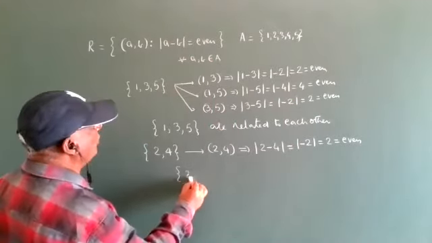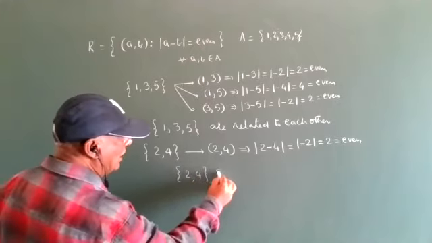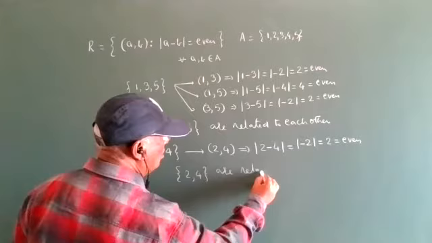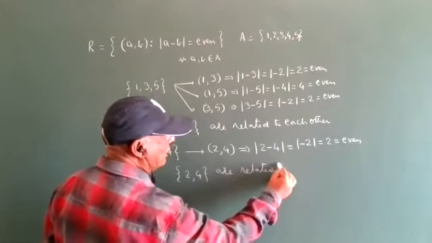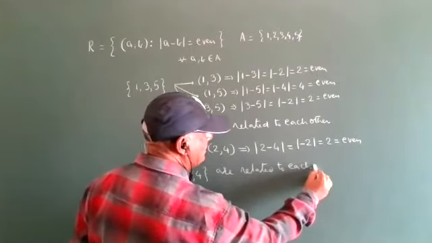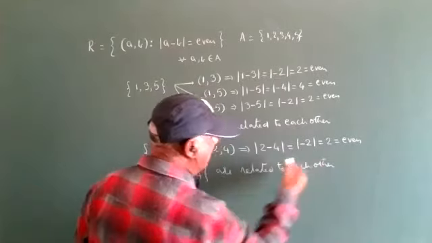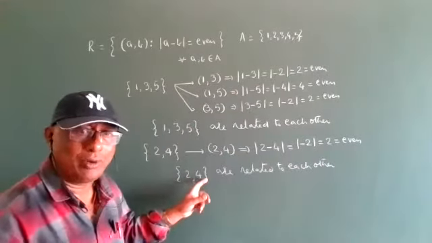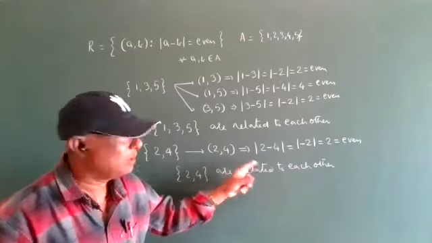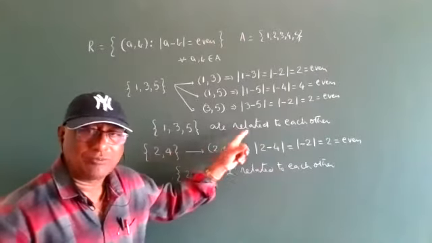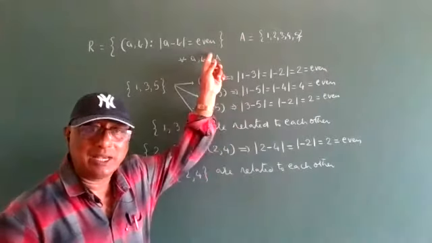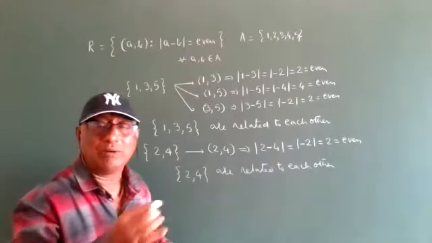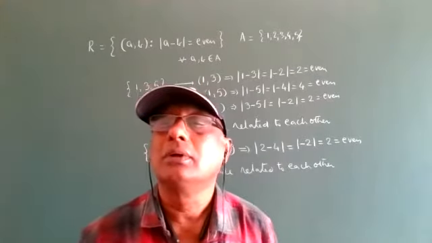Therefore, 2 comma 4 are also related to each other. So both 2, 4 and 1, 3, 5 follow the relation rule.